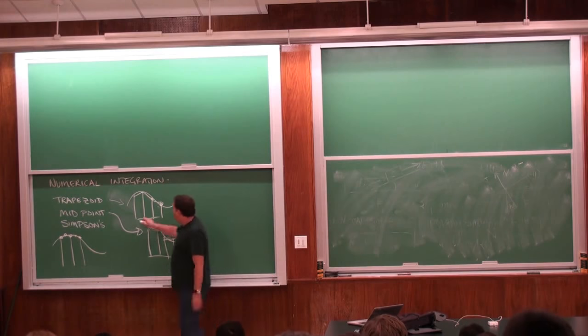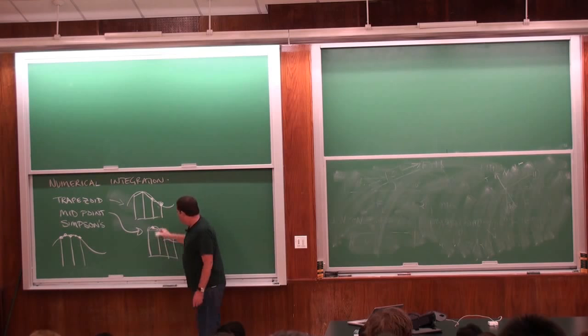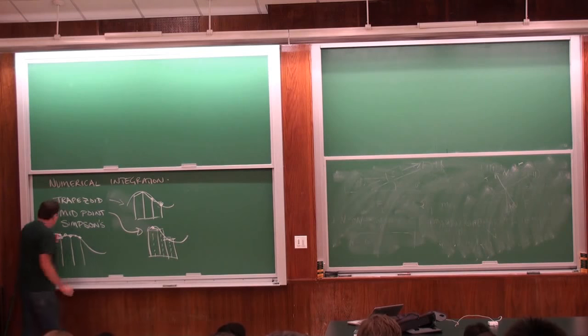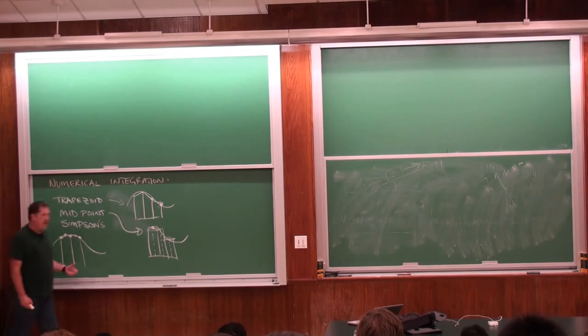The trapezoid one, you evaluate the heights here and here, and you average. Here and here, the heights, and you average. The midpoint, you evaluate in the middles. And Simpson's, you take one of these, 4 of these, and 2 of these, and you add them up that way.